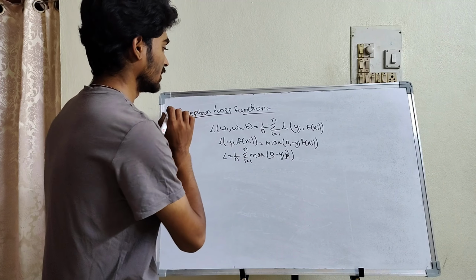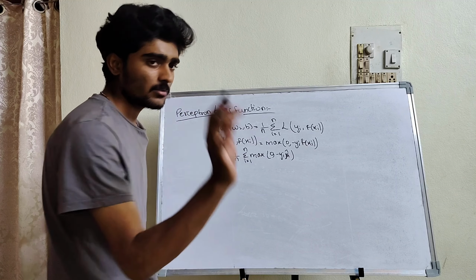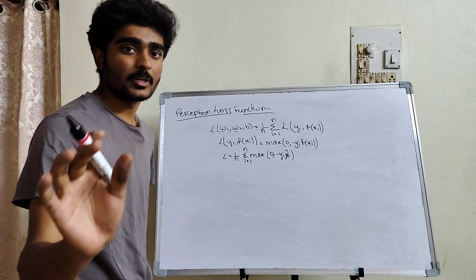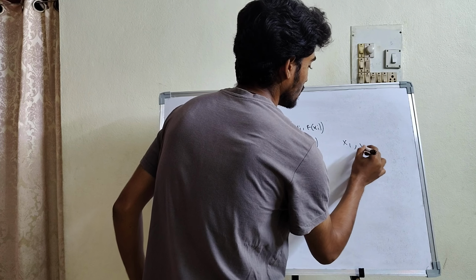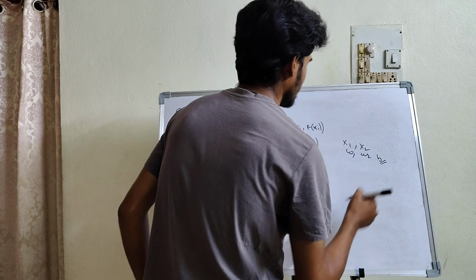Okay, now let's see the formula. Loss function of w1, w2 and b. Now we'll go with an assumption that we have two inputs, x1 and x2 are your inputs, and the corresponding weights are w1 and w2, and b is your bias.